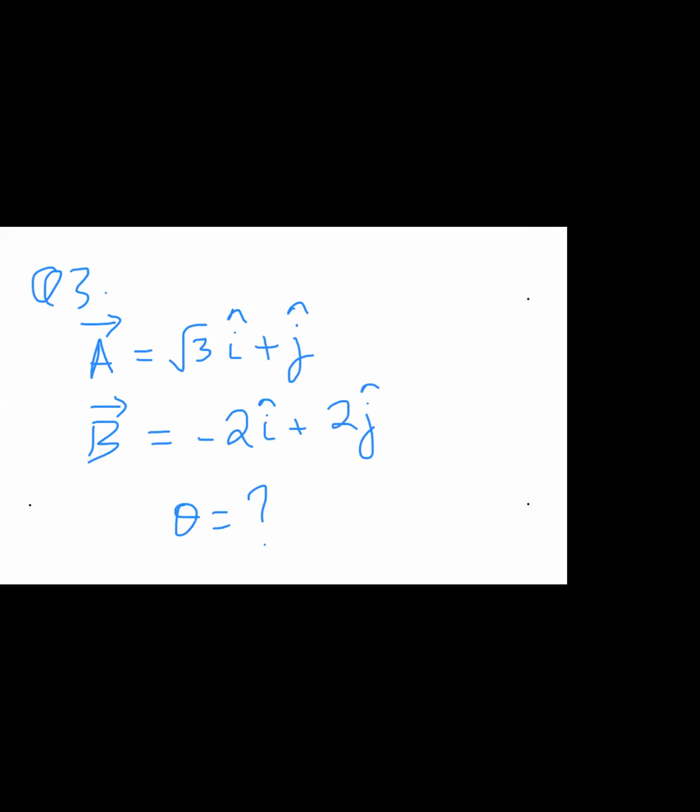So in case you haven't worked this question out, the hint I had given is you have to just draw the two vectors A and B in the XY plane, and from that you should be able to get the answer.